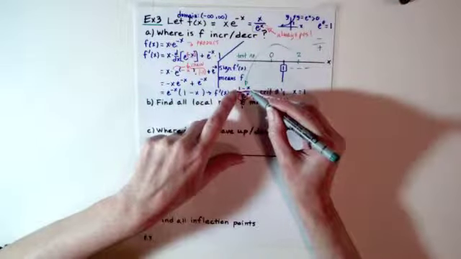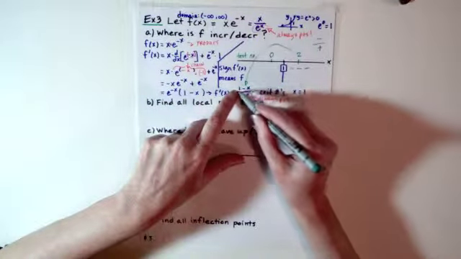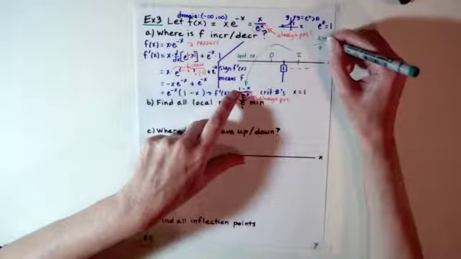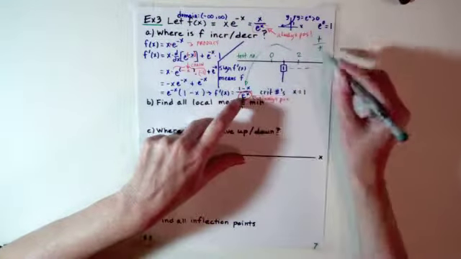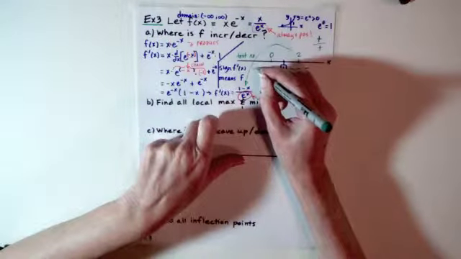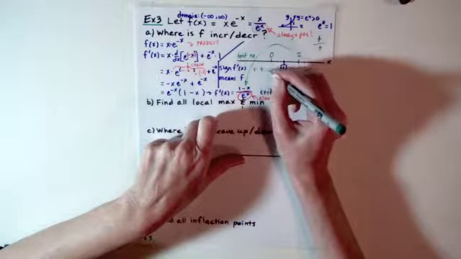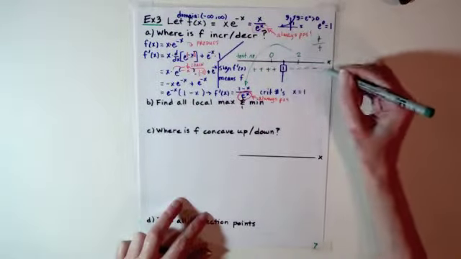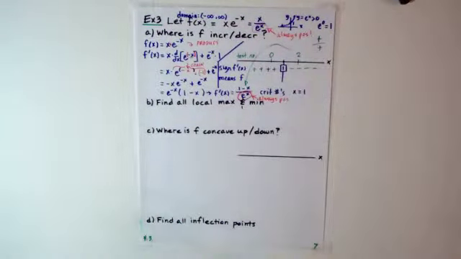And if I plug 0 in place of x, I'd have 1 minus 0. That's 1. That's positive in the top now. And the bottom's always positive. Positive divided by positive has an overall positive sign. So f prime is negative to the right of 1, and it's positive to the left of 1.